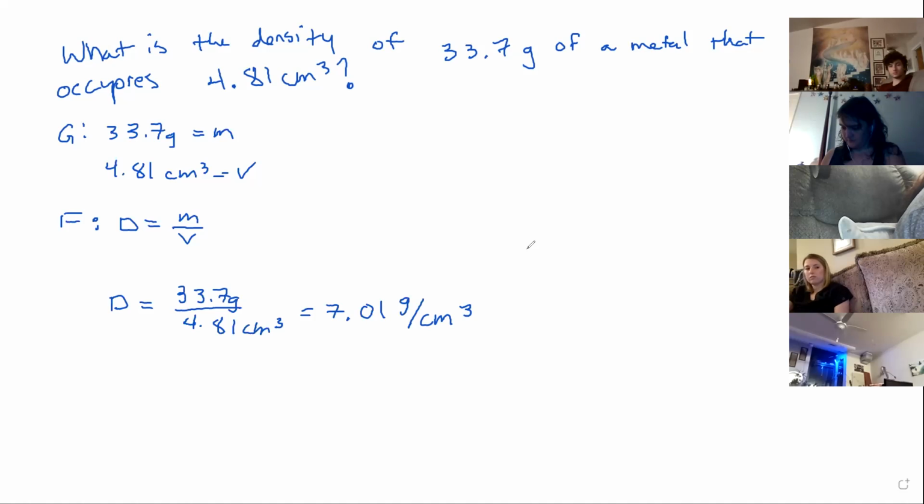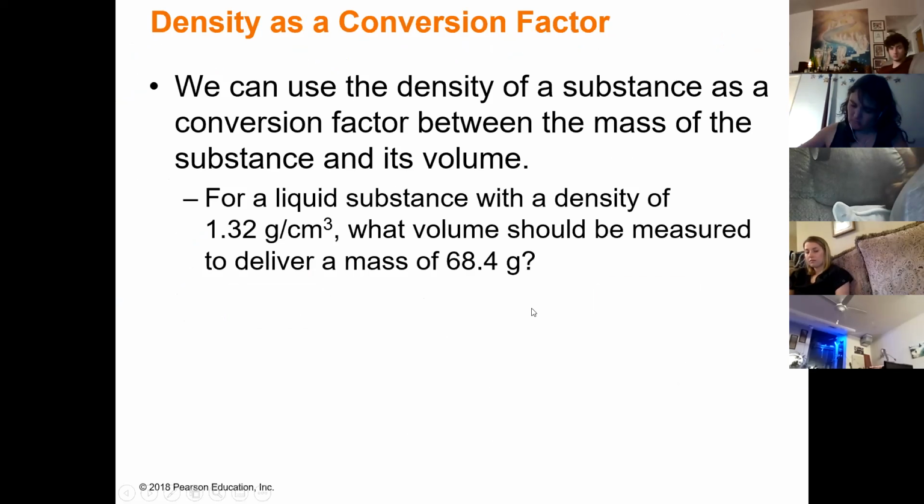So let's look at a problem if we are given density and another thing, and we're trying to solve for the remainder unit. So I want you to work on this problem here. It says, for a liquid substance with a density of 1.32 grams per centimeter cubed, what volume should be measured to deliver a mass of 68.4 grams?